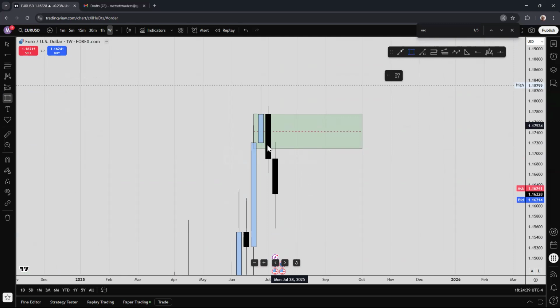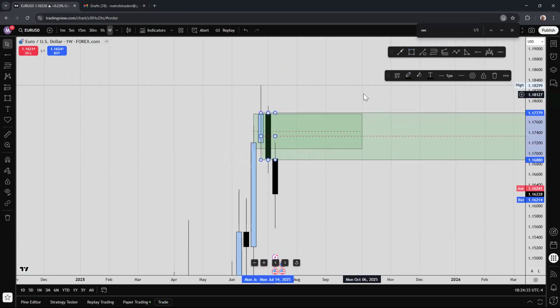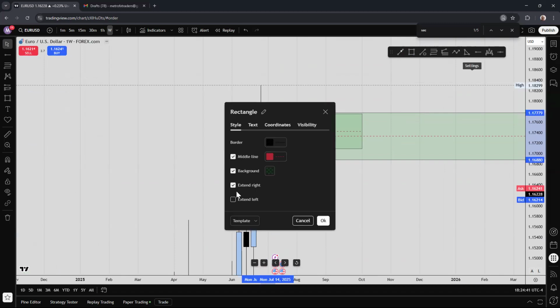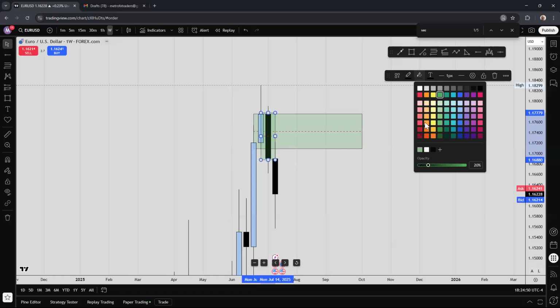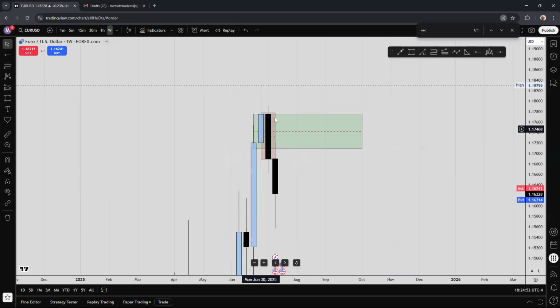We see a bearish engulfing candle. The black candle is bigger than the candle previously. So therefore, that is a bearish engulfing candle.